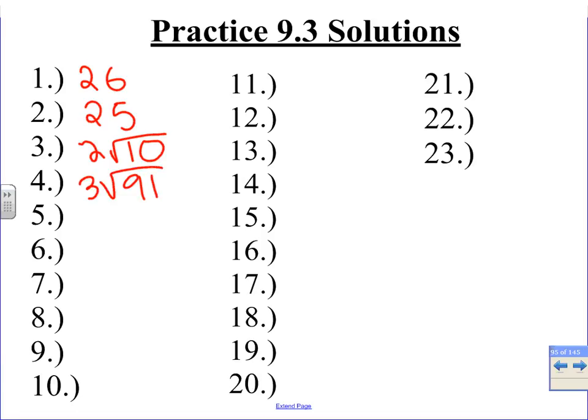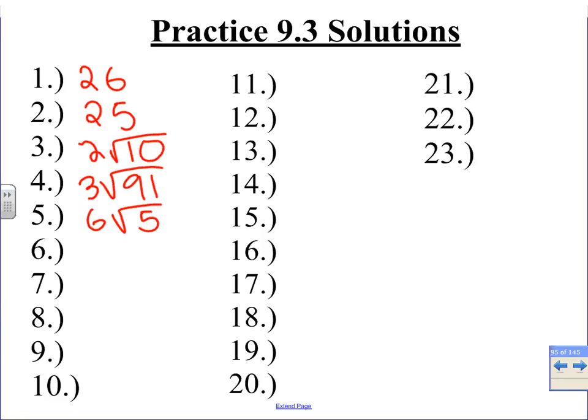Number 5, Mike. You can keep simplifying. Gio? 20 breaks down into 4 times 5. There's still a perfect square that goes into 20. Alexis? Good. 6 times the square root of 5.